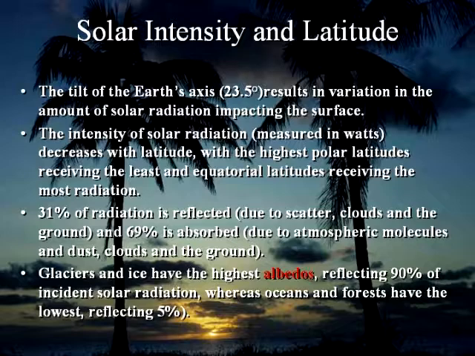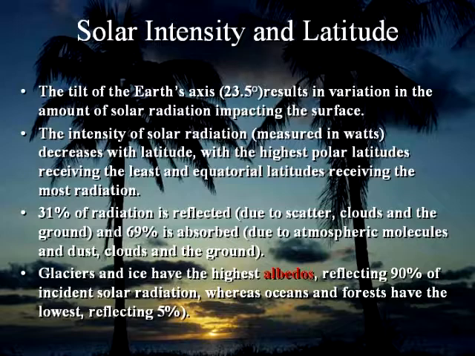Not surprisingly, the intensity of solar radiation decreases with increasing latitude, so that polar regions receive less intense solar radiation than do equatorial regions. This changes the quality of visible light that your own eyes see. Tropical light tends toward the white, whereas northern temperate light tends more towards the yellow.